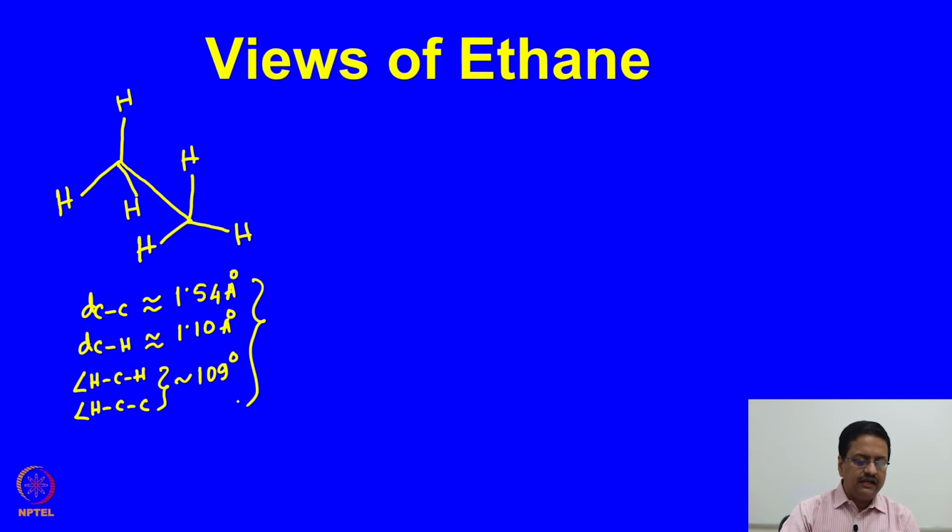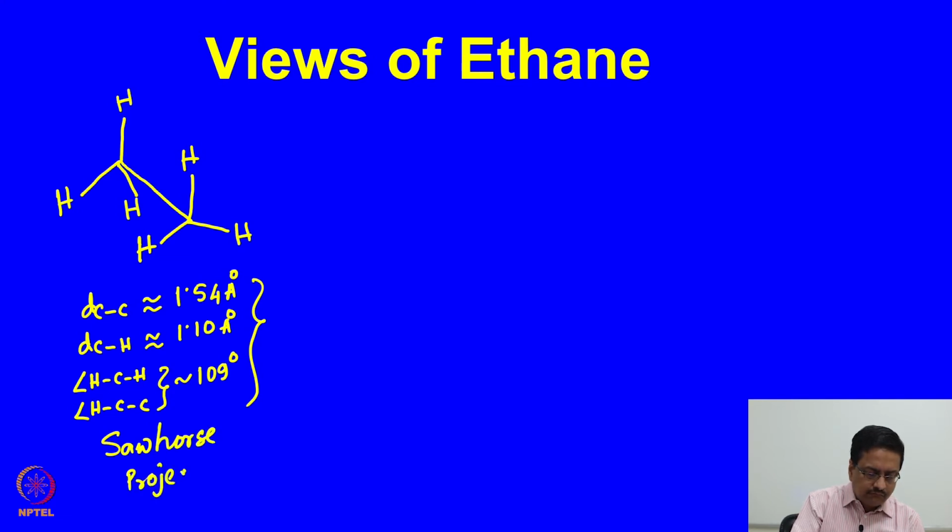The way I have drawn this molecule is called the sawhorse projection. This molecule, as I have shown here, is like a ball and stick model, and in this ball and stick model, the way the molecule is drawn on the board, I am doing it here.